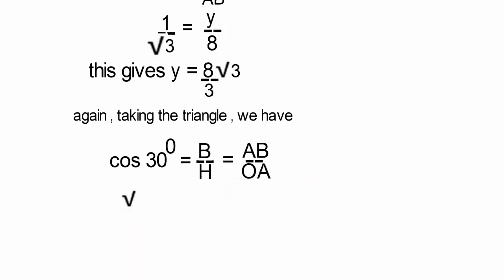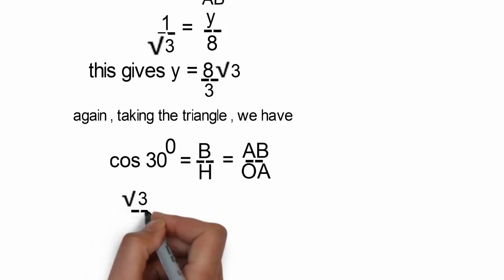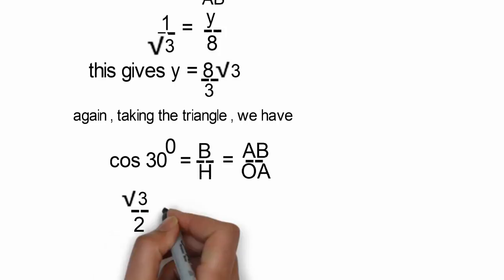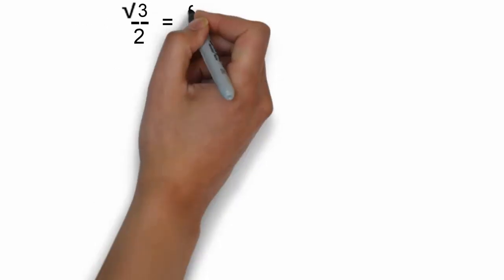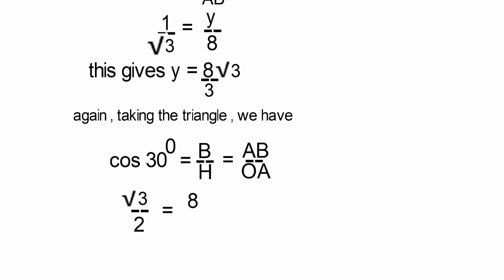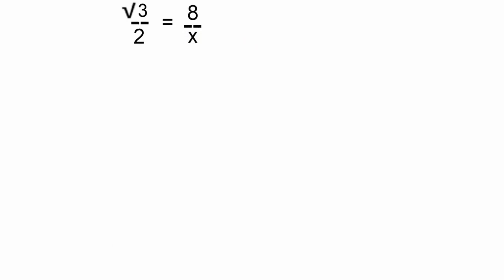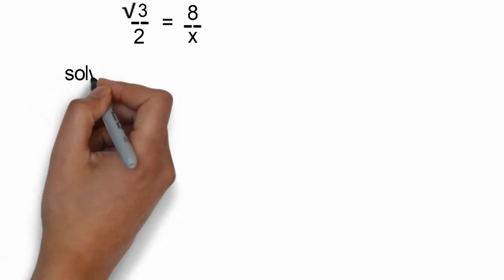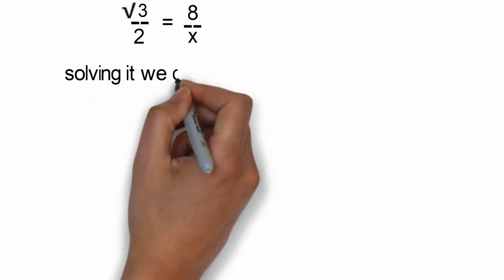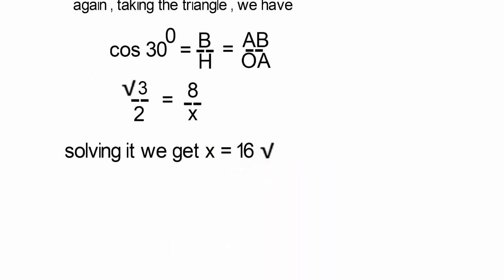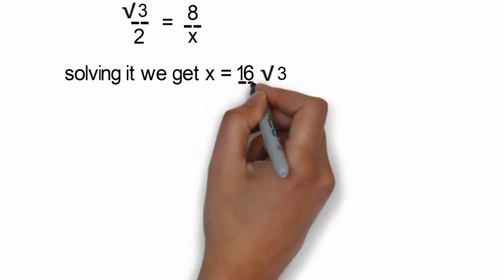The value of cos 30 degrees is root 3 upon 2, equal to the value of AB, which is 8, over the value of OA, which is X. Solving it, we get X equal to 16 root 3 upon 3.